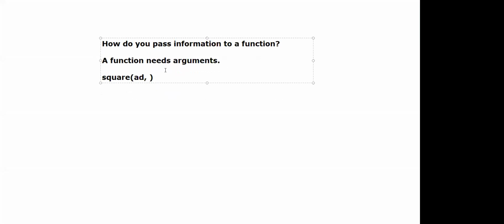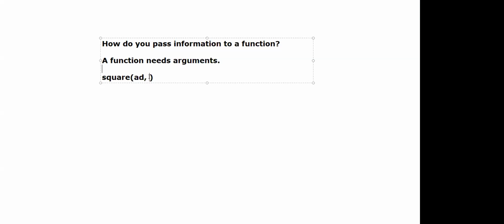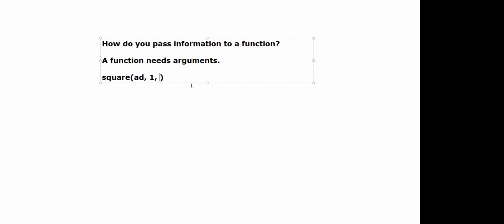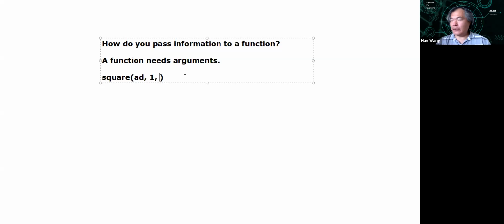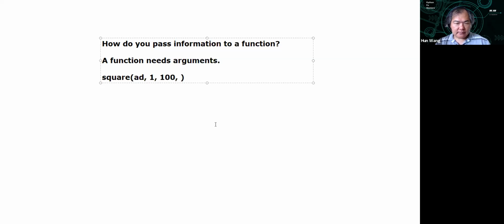The width of the turtle, the pen width. Right, we need to give it the pen width. What's next? How many pixels long is it? Right, how big you want the square to be. Let's say 100 pixels. And also the color. Right, the color.